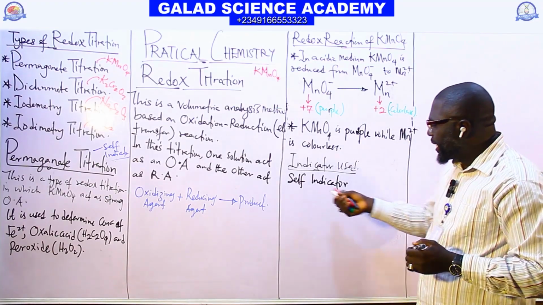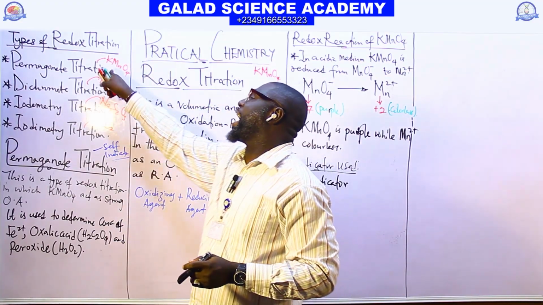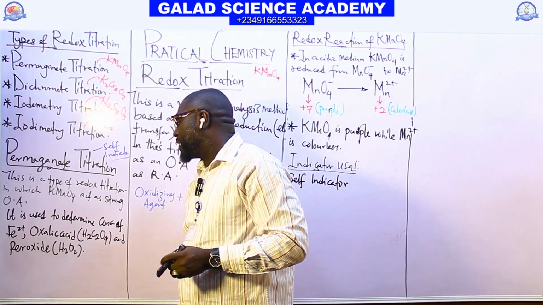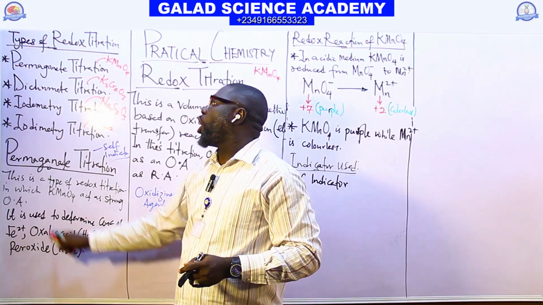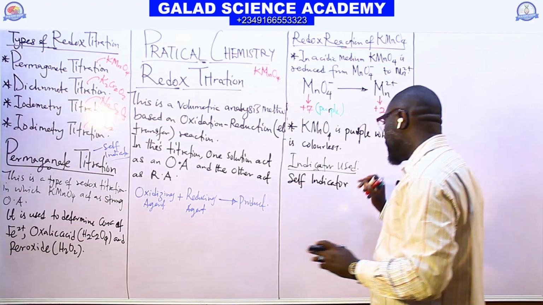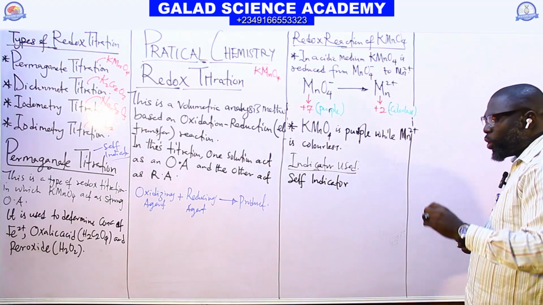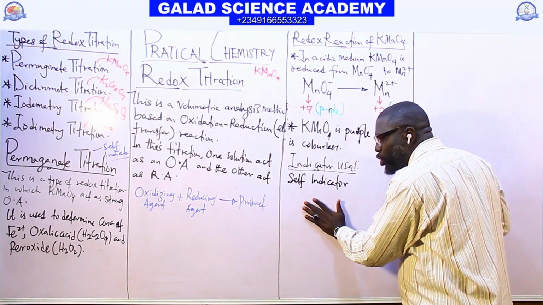So the type of indicator used in the titration of KMnO4, or in permanganate titration, is self-indicator.